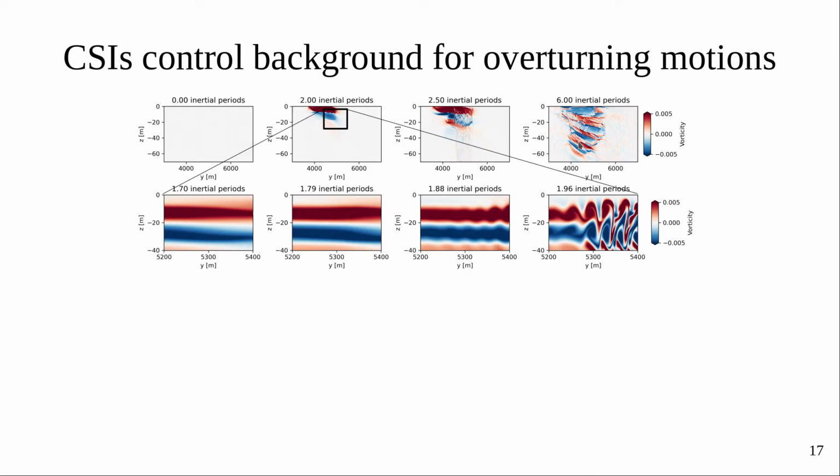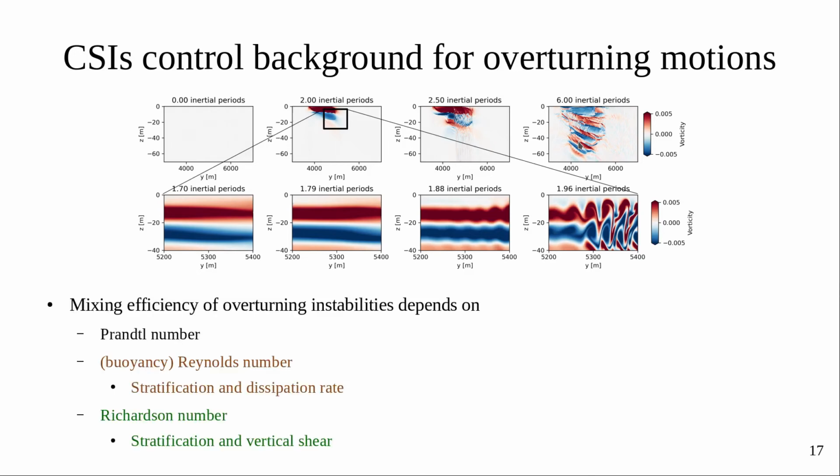So the Kelvin-Helmholtz literature tells us that the mixing efficiencies of these overturning instabilities depend on three things mainly: the Prandtl number, the buoyancy Reynolds number, which we just saw, and the Richardson number as well. Now, these CSIs actually control all these things indirectly. The Reynolds number is controlled by stratification and dissipation rate.